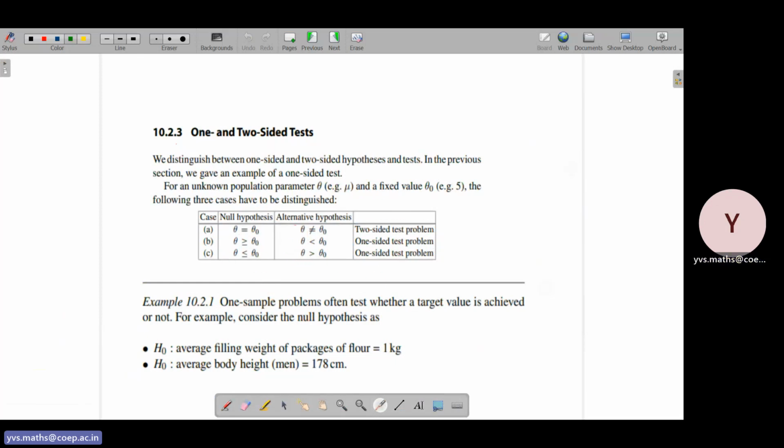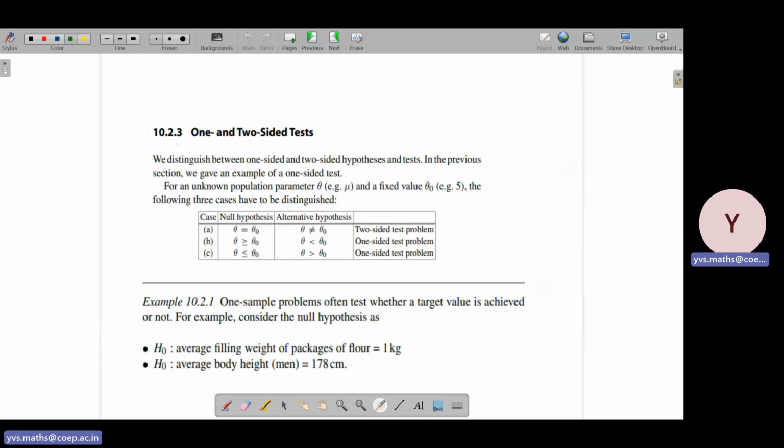There are three single sample tests that we are going to learn hereafter: the Z test, the chi-square test, and the t-test. If you have an inequality in the alternative hypothesis, theta not equal to theta naught, we call it a two-sided test. And if you have a strict inequality in your alternative hypothesis, then we call it a one-sided test.